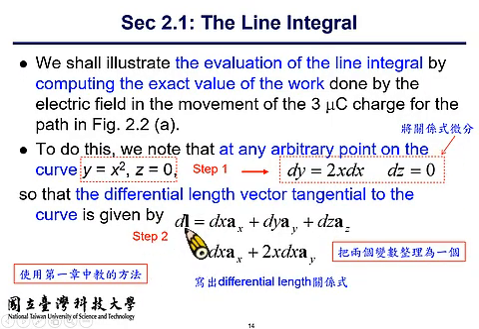And you write up the general expression for differential length, as we learned from chapter 1, like this. And you can replace dy and dz in terms of dx. So here you have dx ax plus 2 times x times dx ay. Because you convert all the differential parts into dx, you can carry out the integration in terms of dx.